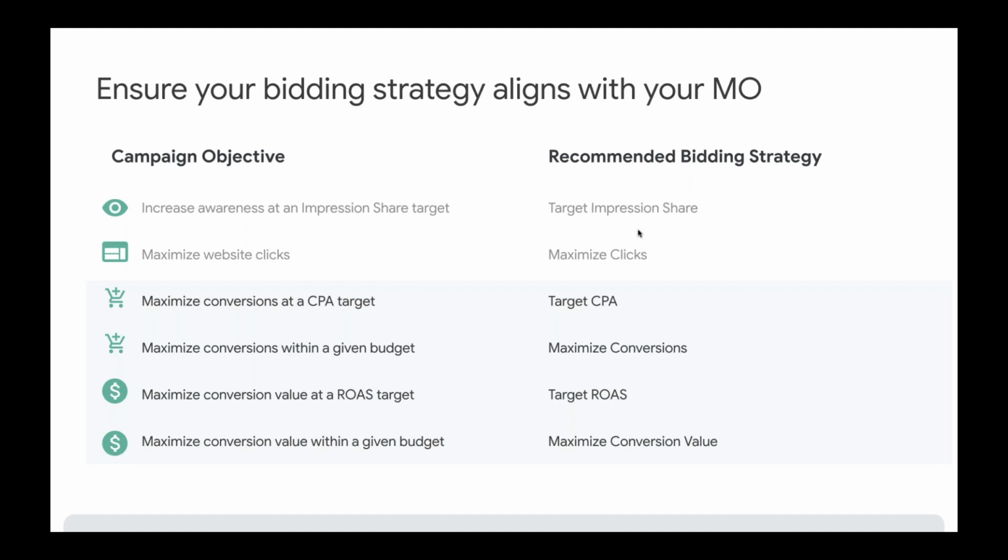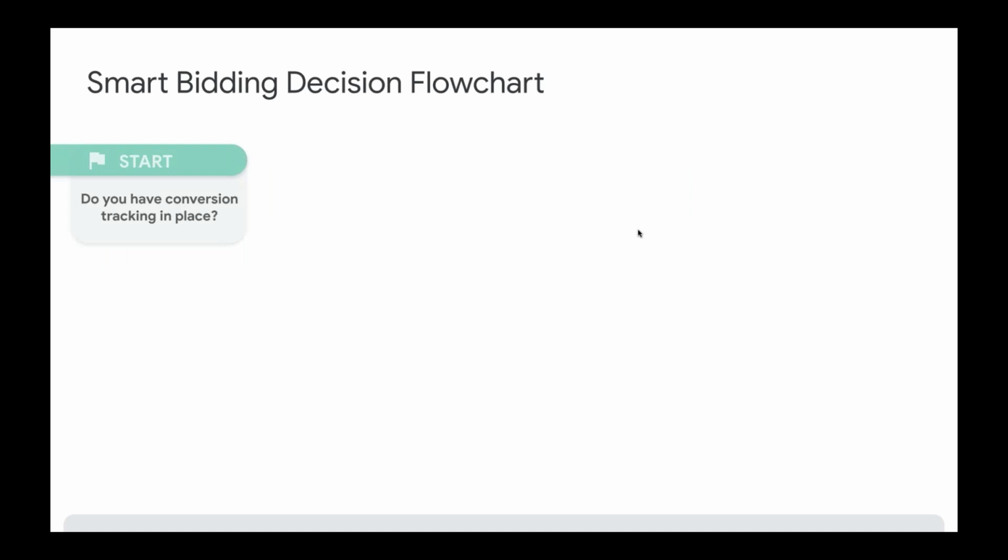If we go to the next slide, this is illustrated in a very intuitive way to help you decide what the best bidding strategy is for you, based on how your current account is set up and what you're trying to achieve. The most important thing where you should start is to have conversion tracking in place. This is a prerequisite for every single smart bidding strategy.